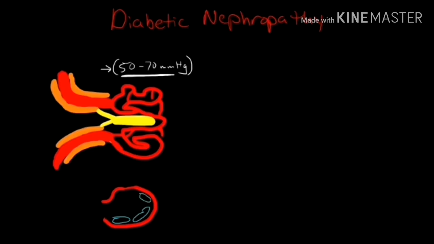and then, well, this basement membrane, the red we'll pretend is a basement membrane, although it's much thicker than it would be. And then, obviously we have our podocytes on the outside.